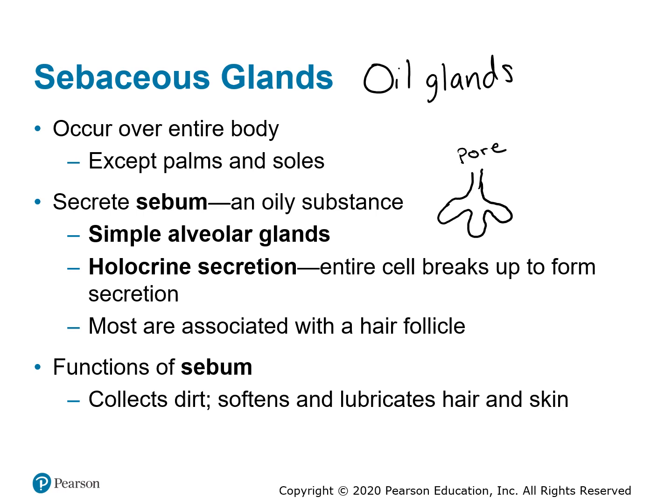Our sebaceous glands excrete their contents through holocrine secretion. If you remember from our tissue lecture, holocrine secretion breaks up the entire cell to form the secretion. So that sebum busts open the whole cell.